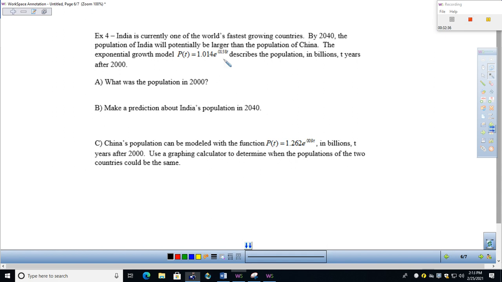Well, what was the population in 2000? Should not come as a shock that the number in front of our base e is the initial value, the y-intercept on the graph. So it would be 1.014 billion.